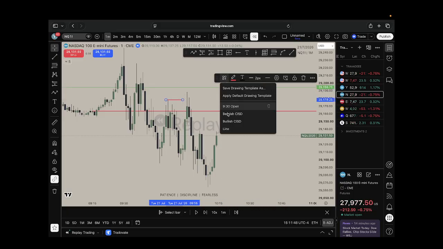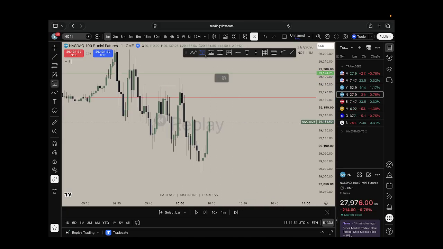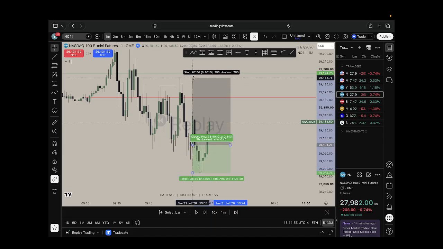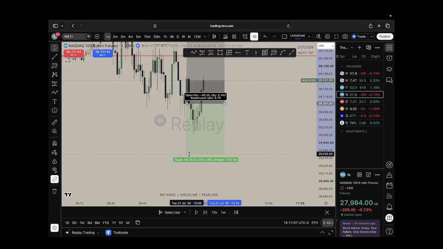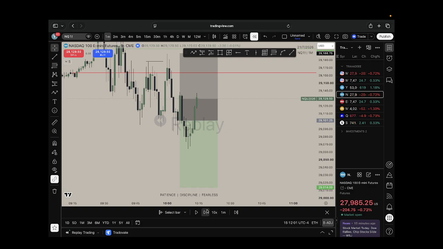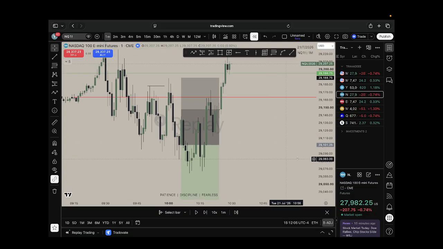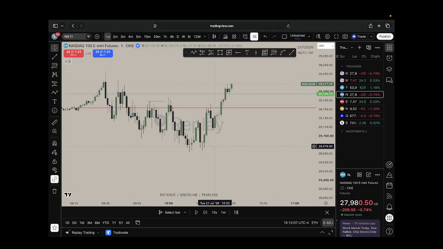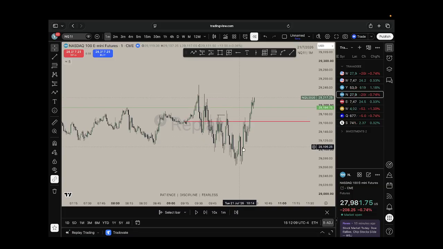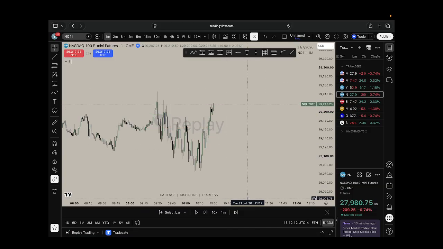This day did end up losing. I remember I took this trade. I went short right here, targeting a 1-to-1 risk reward. And this day it did end up losing, which is all good. Having a 70% win rate, you are going to lose 30% of the time, but in the long run, you're going to be winning.